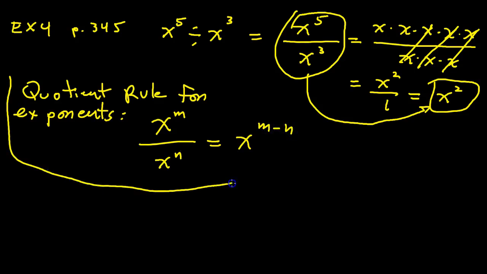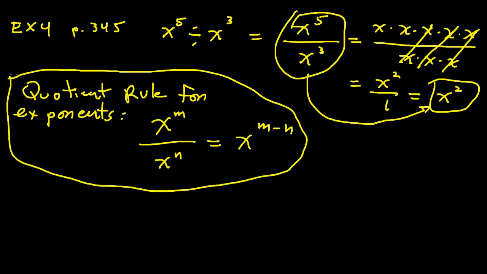So when we multiply the same base expressions, we keep that same base and add the exponents. Somewhat similarly, when we divide exponent expressions, we keep that same base and subtract the exponents. In particular, subtract the denominator exponent from the numerator exponent.